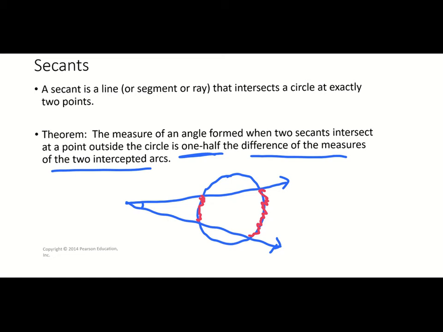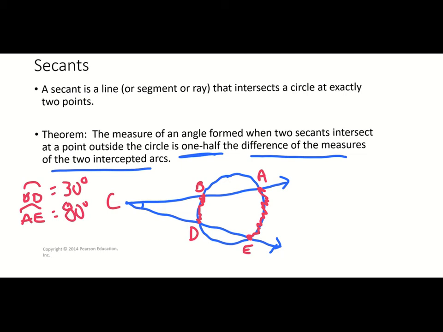So let's say I'm going to put some variables on here. We'll call this A, B, C, D, and E. And I know the measure of arc BD is equal to 30 degrees, and the measure of arc AE is equal to, we'll say, 80 degrees.